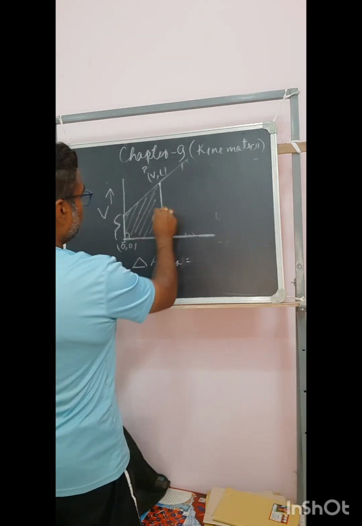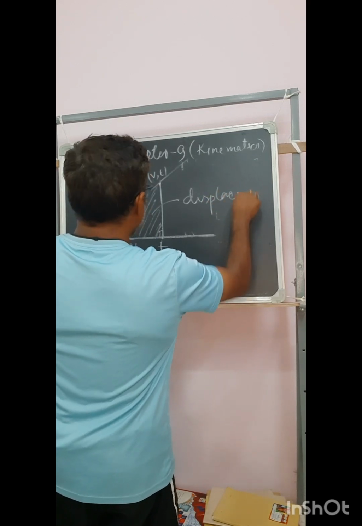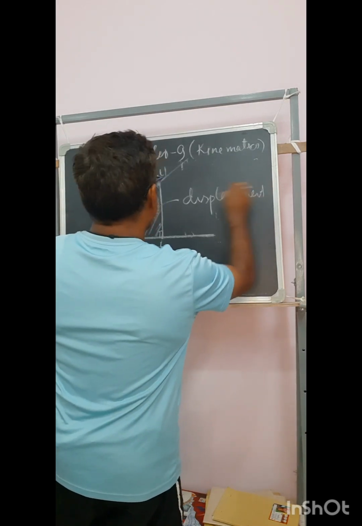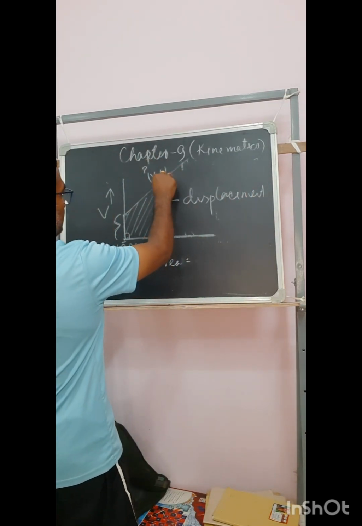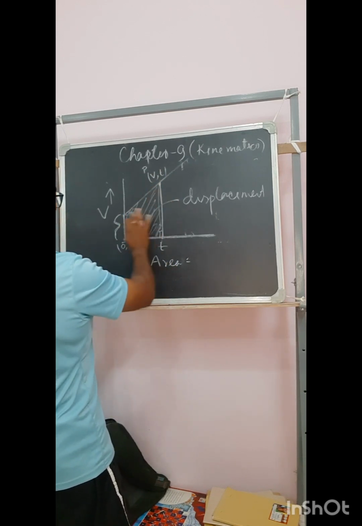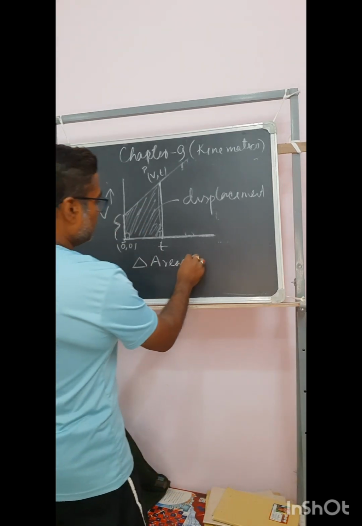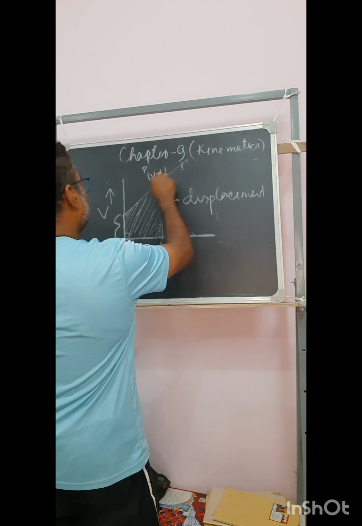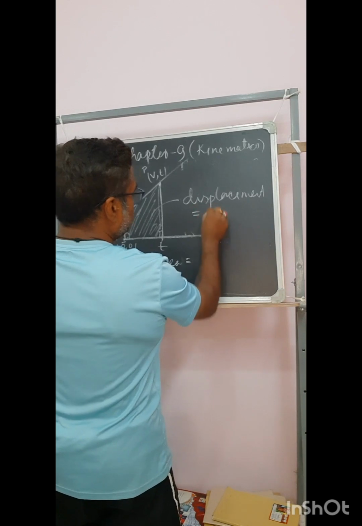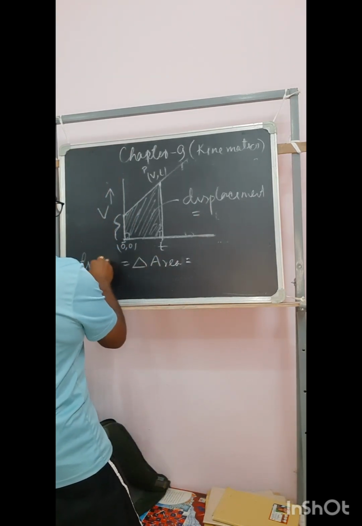The total area denotes the displacement, because anything v cross t will give you displacement. So this curve, up to a certain point, whatever area it is forming, the sum of that will be the area covered by that object after a certain time t. So this area is nothing but equal to the displacement.